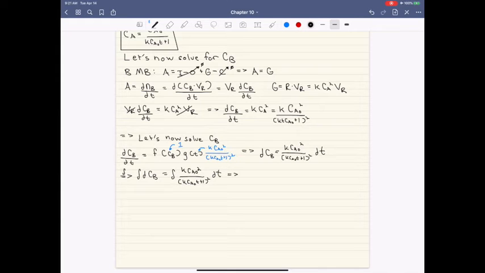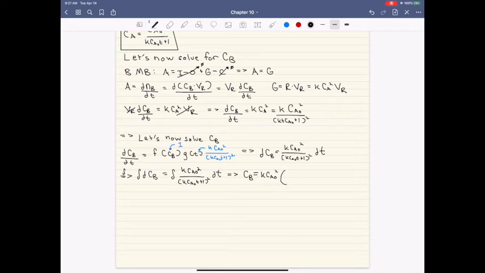So what we'll get is Cb on the left-hand side. And the right-hand side, it's a little bit more complicated of an integral. So work through that. But ultimately, what you should get is the stuff on top in the numerator. That's a constant, so you could pull that out of the integral.